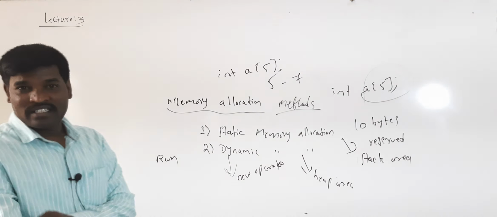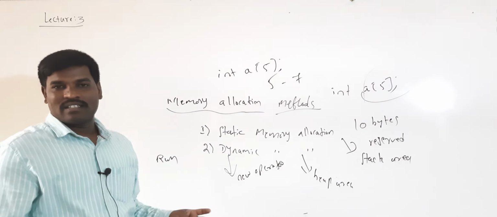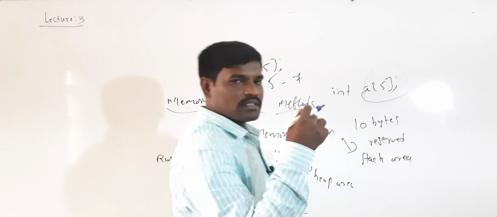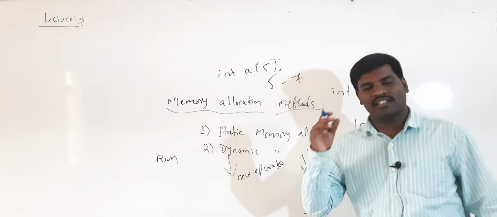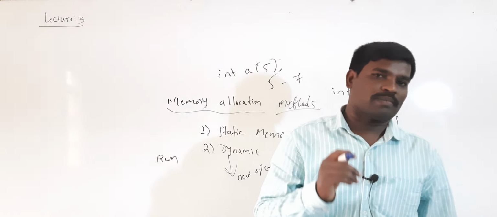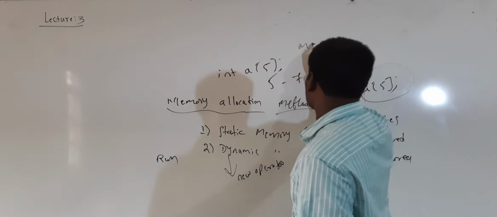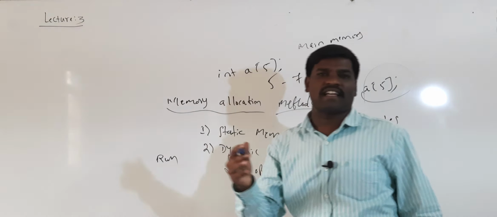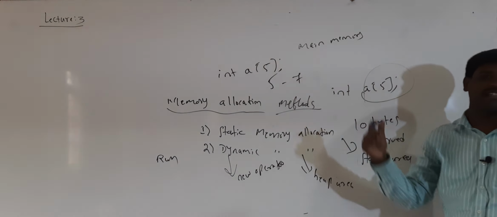Usually in the computer, in case of execution, I always told that it belongs to the primary memory, that is main memory. Because always the execution can be done inside the main memory.